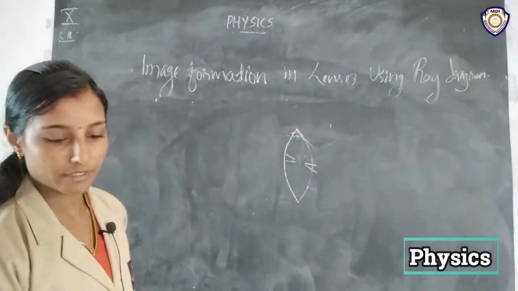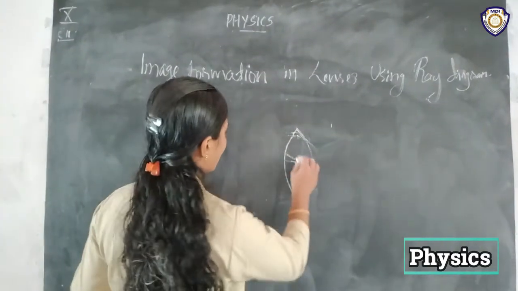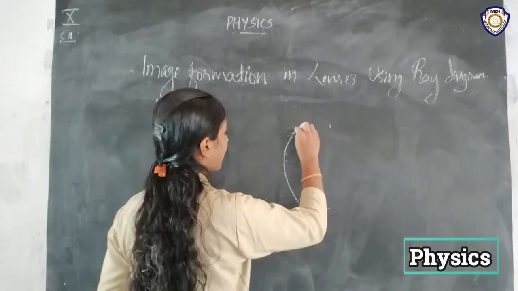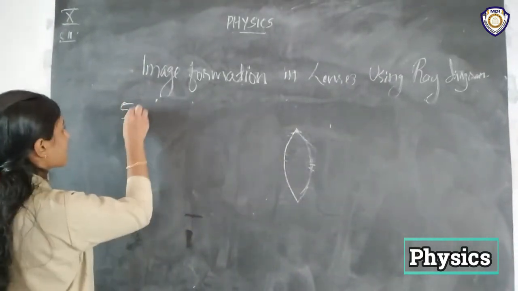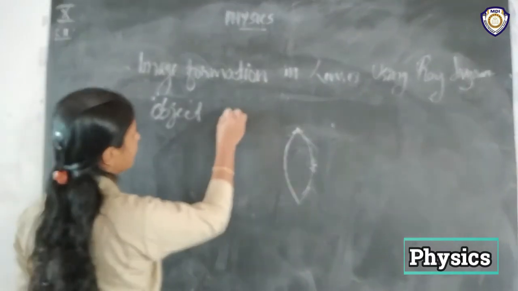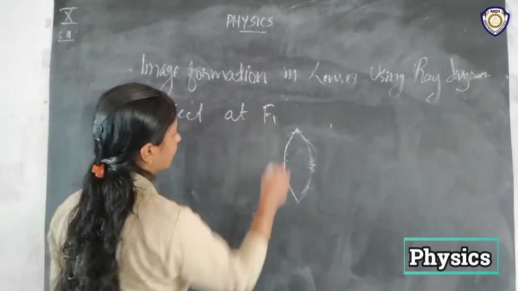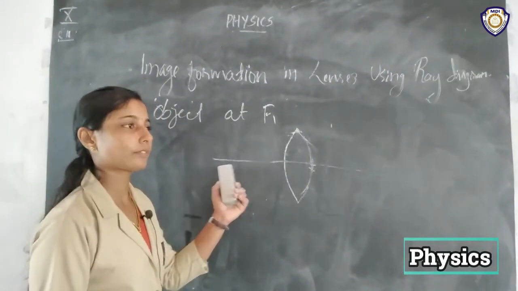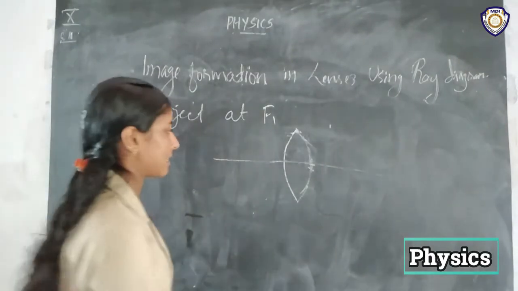So what will happen at F1, we can see what will happen. That is the fifth case. The object is at F1, right? That is, the object here comes near to the lens, right?